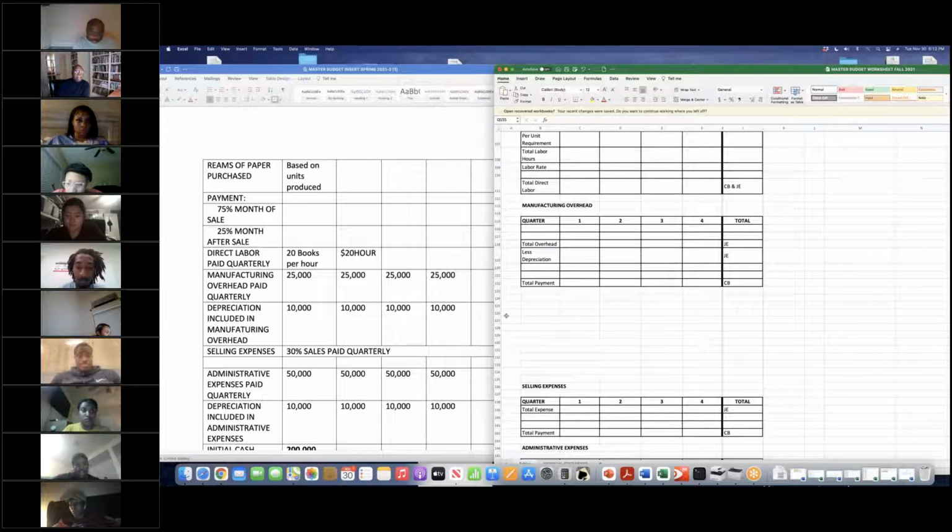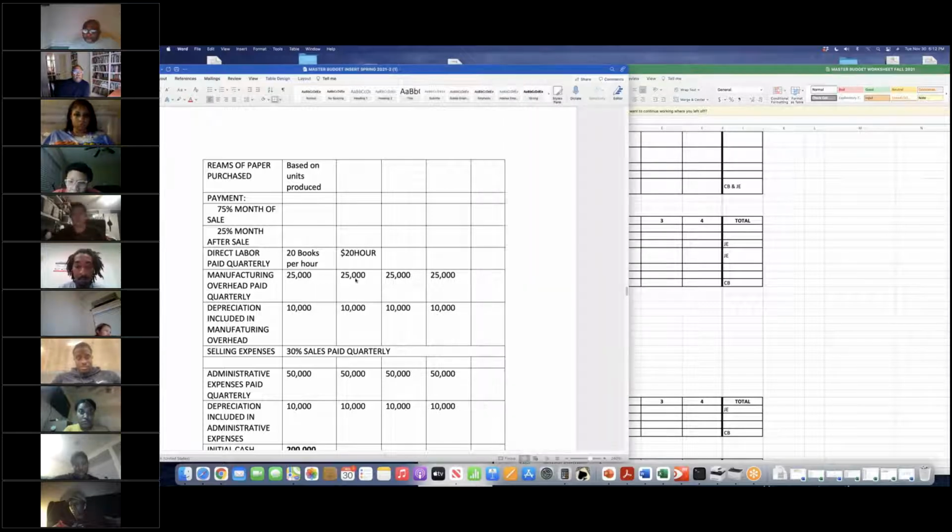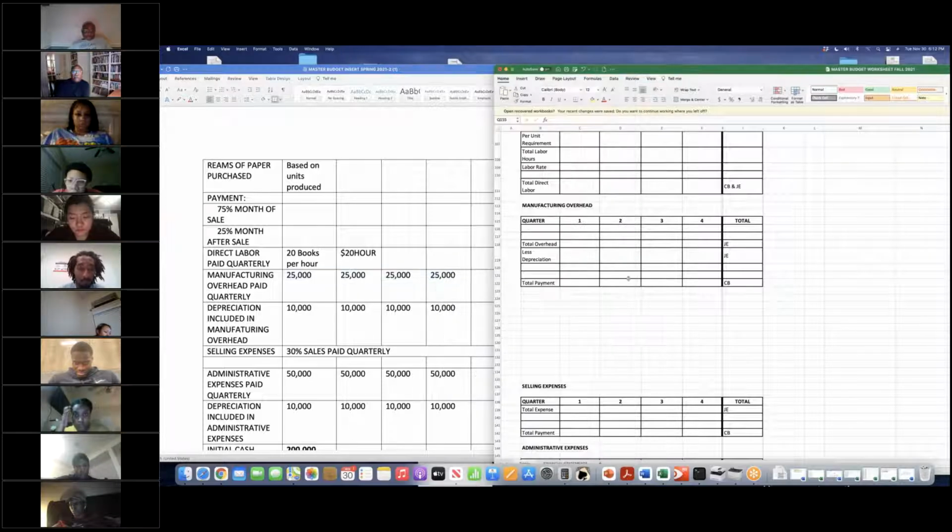Do we have the manufacturing overhead? I got 60,000 for the total. Paste it in here. I got the same.